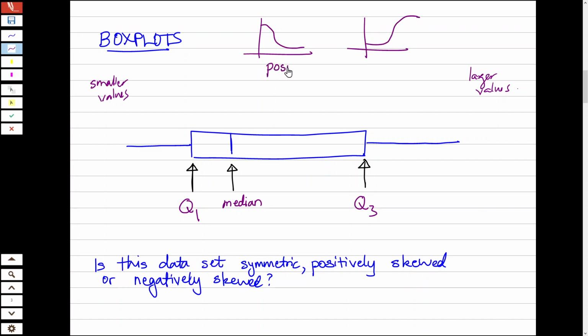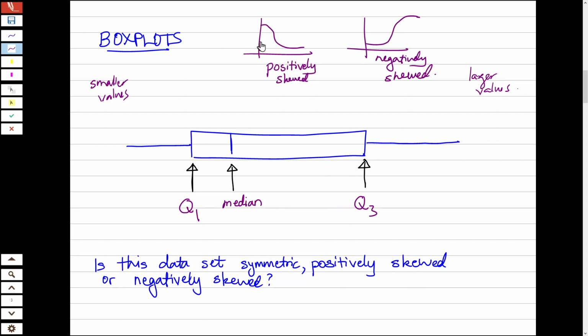So this one is positive, and this one's negatively skewed. All right. So in that lesson, I explained that positively skewed data has a larger spread in the positive direction.